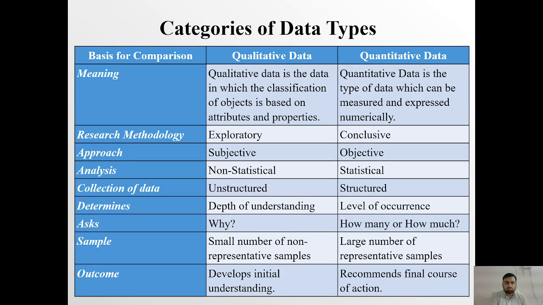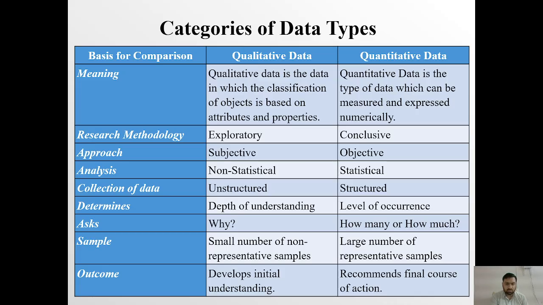Now, this is the basic comparison between qualitative data and quantitative data. Basis of comparison, meaning: qualitative data is data in which the classification of objects is based on attributes and properties, whereas quantitative data is the type of data which can be measured and expressed numerically.